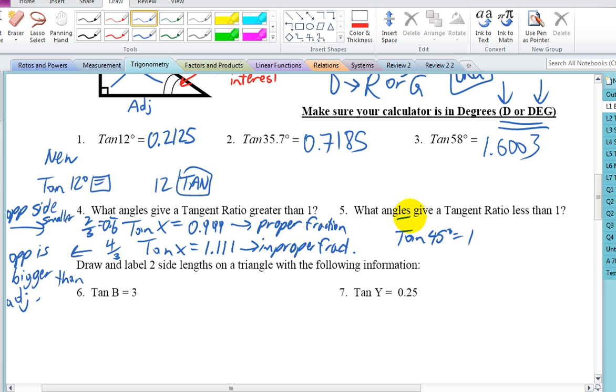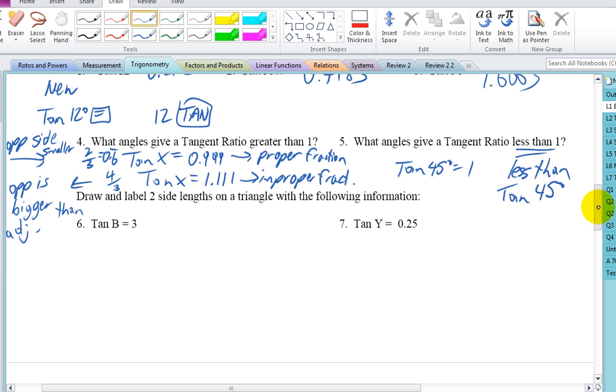So if you have tan for less than 1, that would be less than tan 45. Okay, so tan 45 degrees is 1. Good. Now there are going to be questions in your textbook. I never really asked this. Well, actually I might.